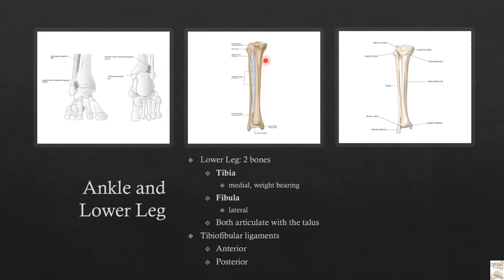If you all remember the load distribution from our knee all the way down to the ankle, you know that the tibia is the bone located on the medial aspect of our leg, and it bears most of our weight. Our fibular bone is located on the lateral aspect of our lower leg, and the specific bony landmarks that make up the distal aspects of our tibia and our fibula makes up our medial and our lateral malleolus of our ankle.